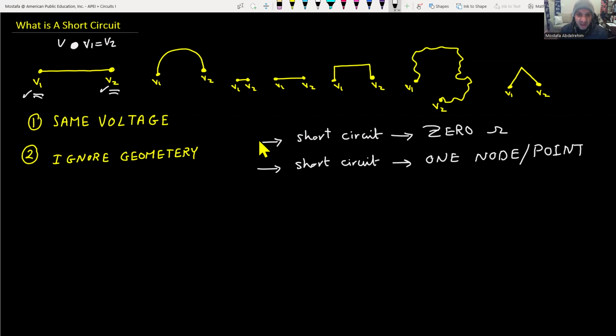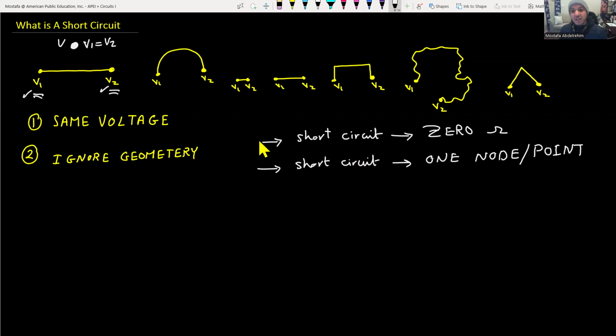So, for example, let's assume this short circuit is something real that we can touch and measure in the lab. If I ask you to measure V1 and V2, you should give me one number, because V1 is equal to V2. They are the same, just one node.